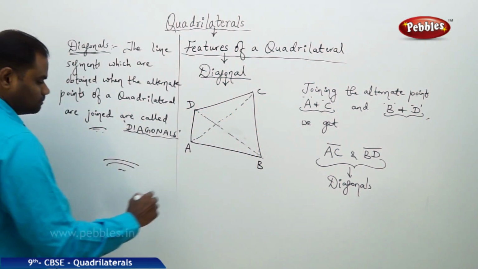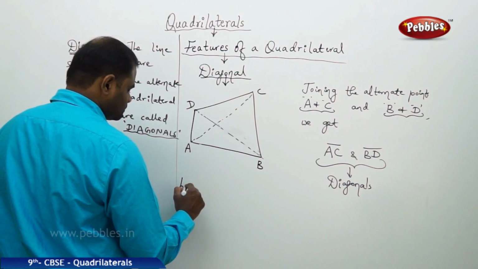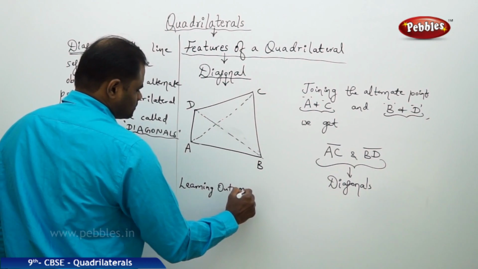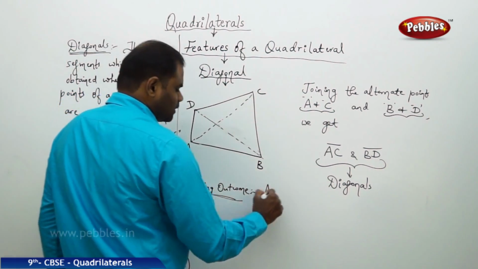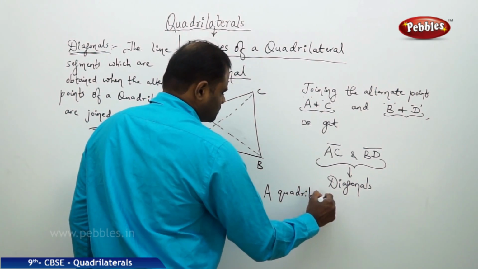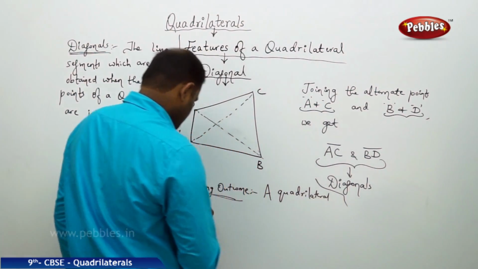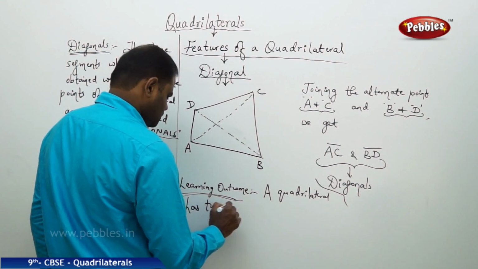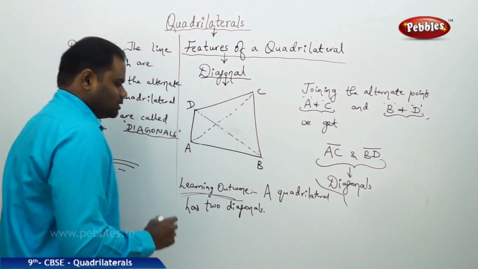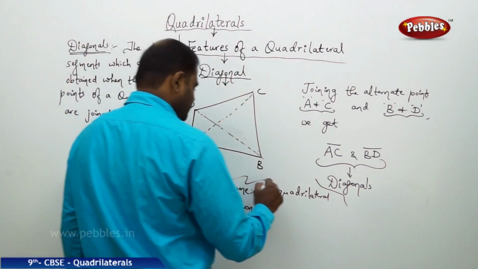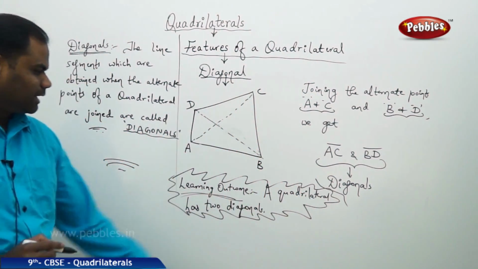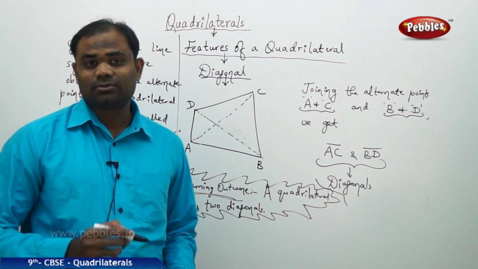I make the learning outcome that a quadrilateral has two diagonals. A quadrilateral always has two diagonals.